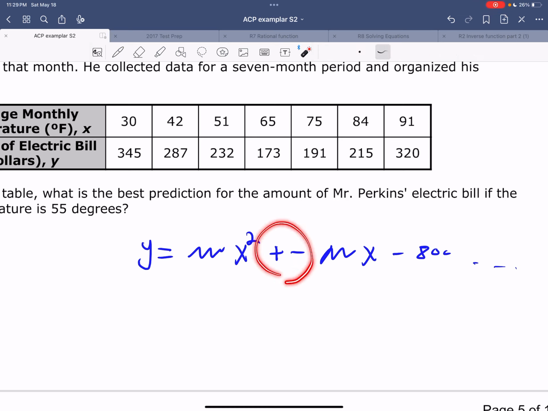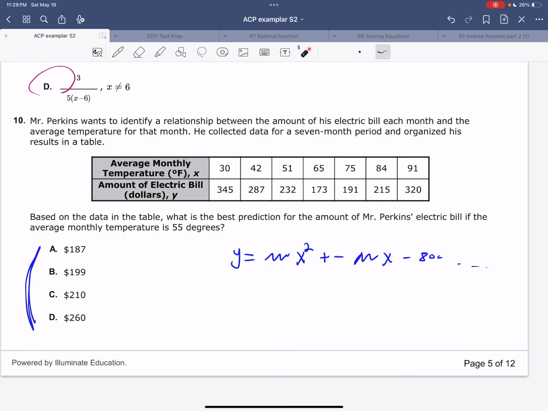Now, if you see plus minus together, you can just use minus. Just be careful, there's a difference between negative and minus in the calculator. If you're not sure, just use plus and minus together, okay?